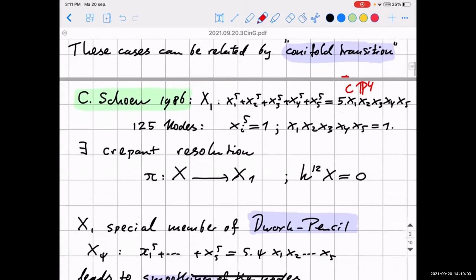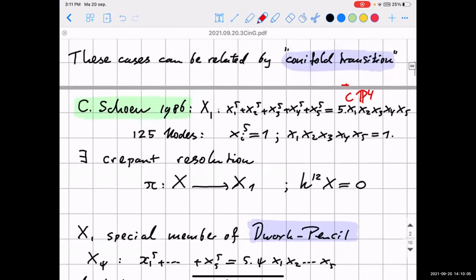It's a rigid Calabi-Yau, and that can be understood from the perspective of Friedman that the deformations of X1, a singular variety with 125 nodes, which keeps the nodes, is the same as the deformation theory of X itself, because the contracted P1s are stable manifolds, and there are no deformations of this hypersurface which keeps all the nodes, therefore it's rigid.